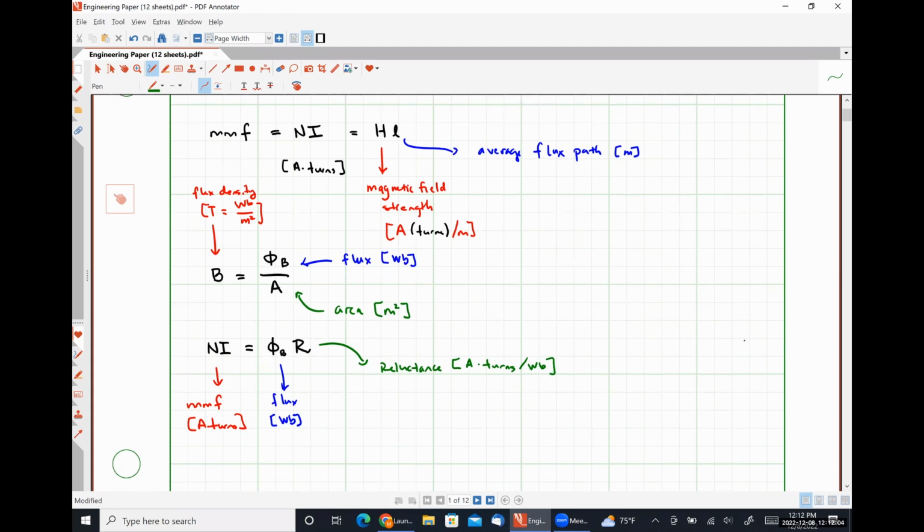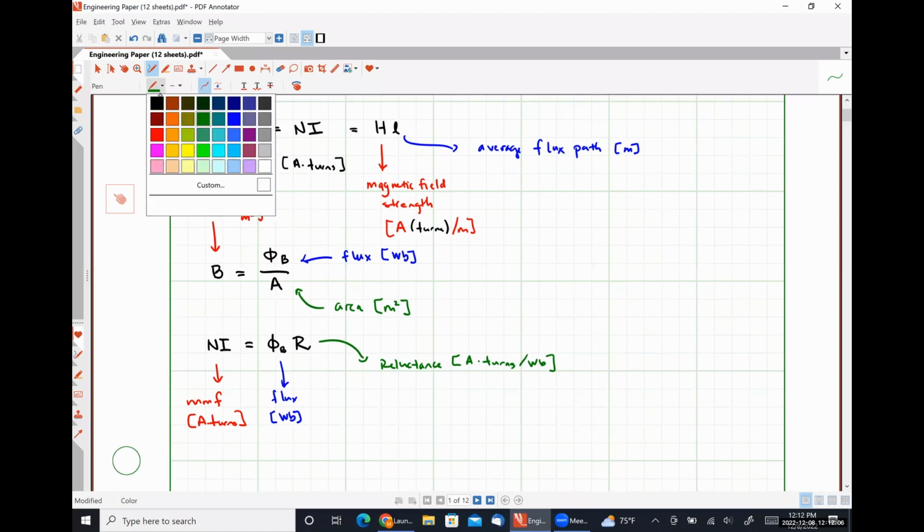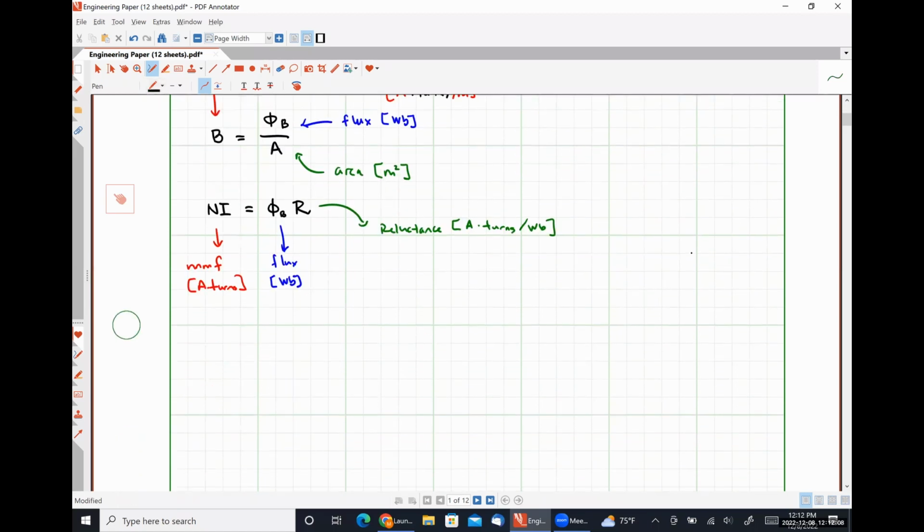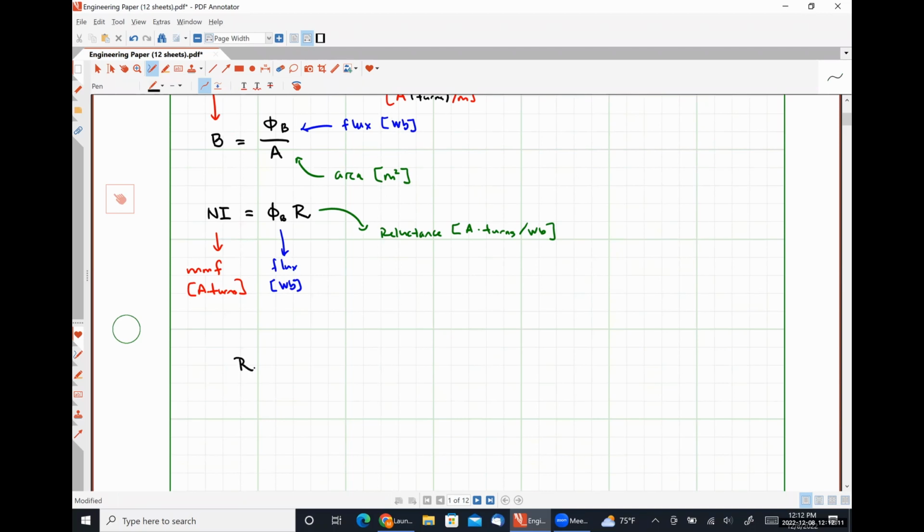Okay. So from this, we could say that our reluctance, R, or funny looking R, is Ni, our MMF, divided by our magnetic flux.